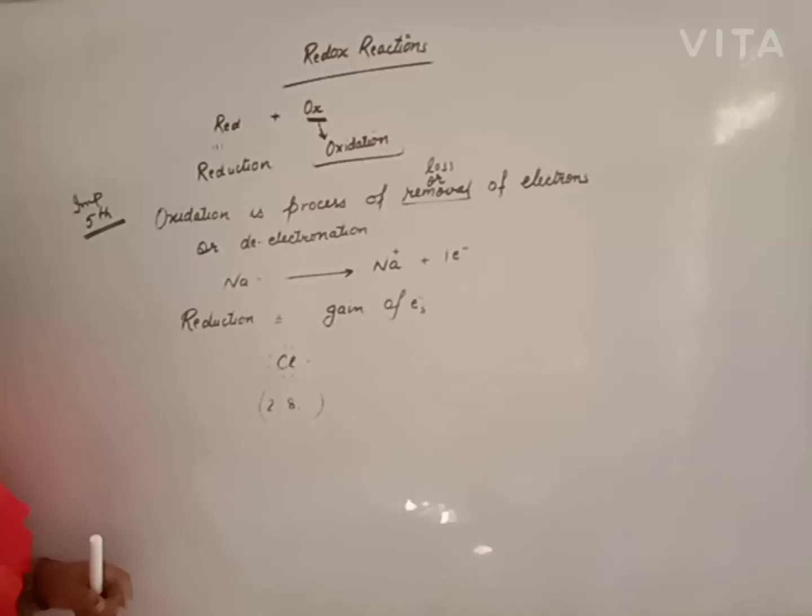Oxidation is the process of removal of electron, or you can say loss of electron. The process of loss of electron is known as oxidation. Loss of electron means electrons are removed, given out.